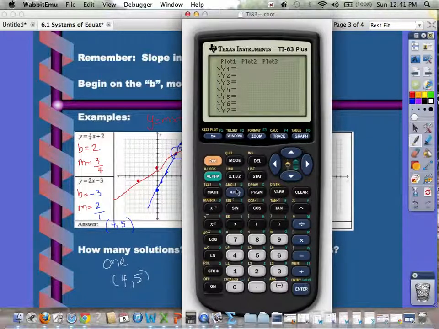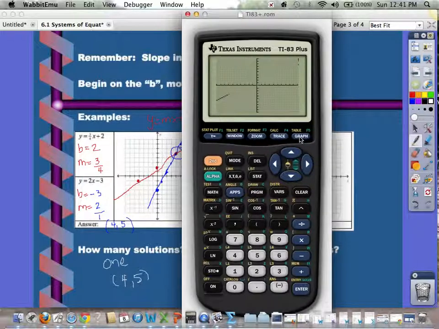All right, let's make sure these work. The first problem was 3 over 4. Let me do this with my hands. 3 divided by 4x plus 2, and then go down and type in 2x minus 3. Okay, and graph it.